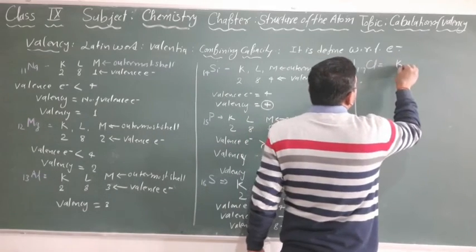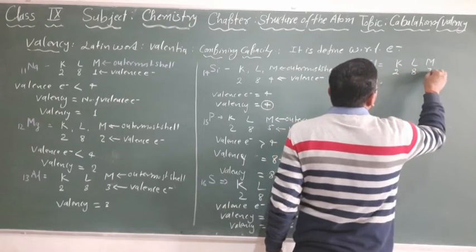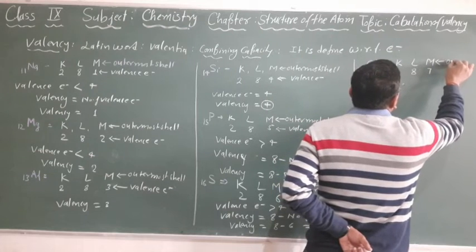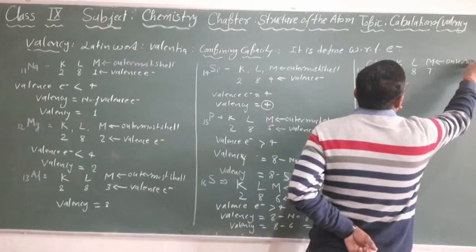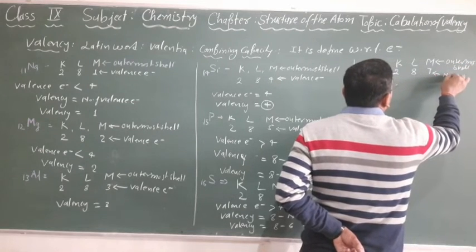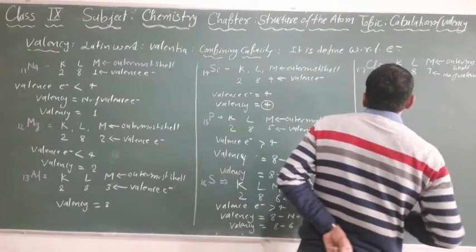Now after sulfur, chlorine 17. Electronic configuration K 2, L 8 and M 7. So this is the outermost shell, and this is the number of valence electrons.